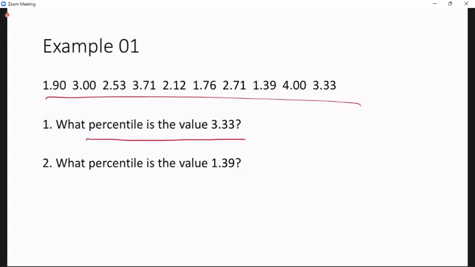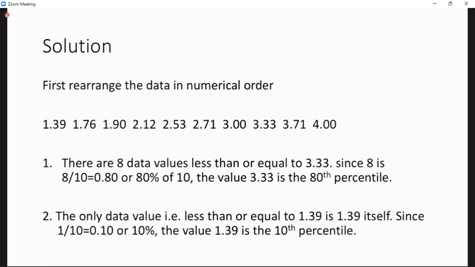Before finding it, you have to rearrange the data set in ascending or descending order. If you rearrange the data set in ascending order, then it's easy to pick the percentile value. Let's find that percentile value like this.